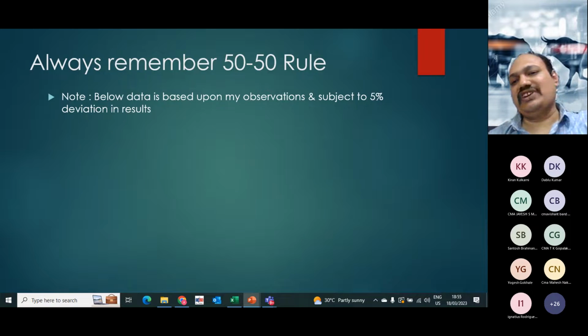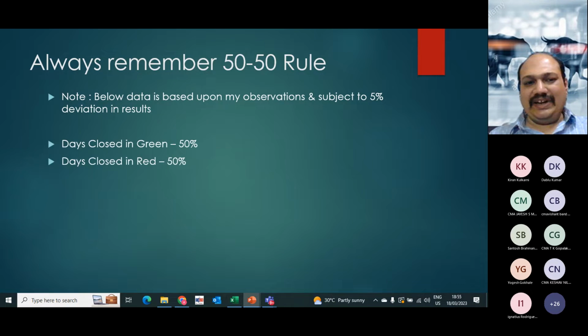The data below is based upon my observation and subject to 5% deviation in result. If you have observed, days closed in green candle are always 50% and days closed in red are 50%. If you take Nifty's daily data for a whole year, or 2 years, 5 years, 10 years, and apply how many days closed green or red, the percentage you get is around 51-49, 49-51 or 50-50.